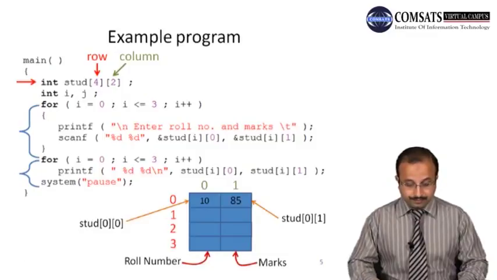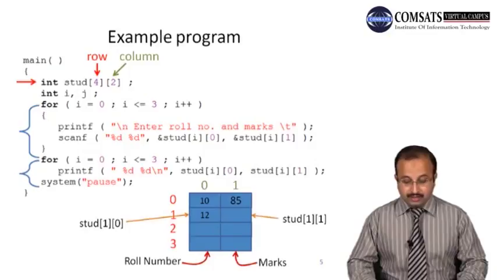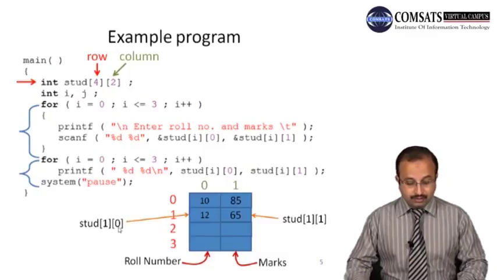So this is [1][0] and the value stored is, let's say, 12. User ने 12 value input की थी, and this is [1][1] and the value stored is 65. Let's say 65 user ने value input की थी, that will be stored over here. ठीक है. So see, 1, that is the 1st index row and 0th column, and 1st index row and 1st column.